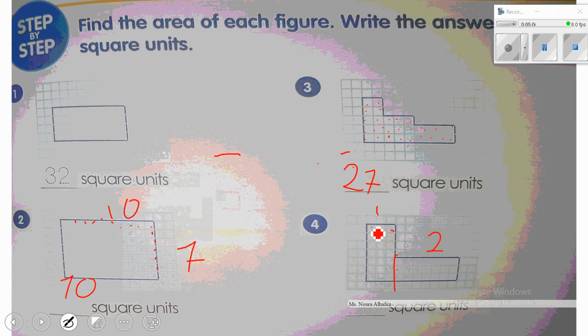Here is 3, and here is 1, 2, 3, 4, 5, 6, 7. 3 times 7. Here is 21. And here I have 1, 2, 3, 4, 5, 6, 7. Here is 7 times 3 is 21.